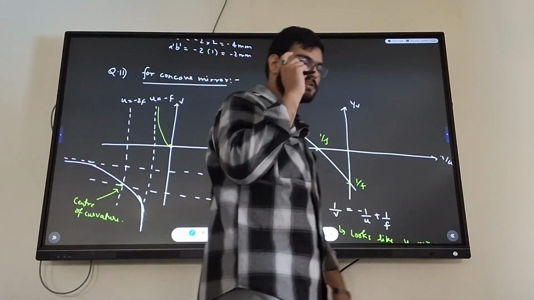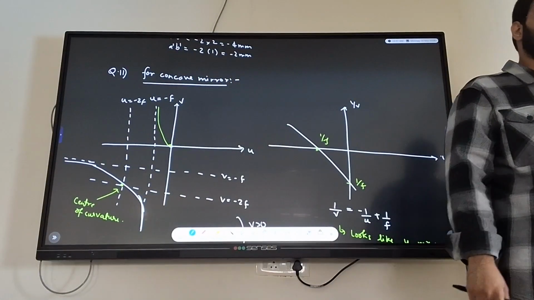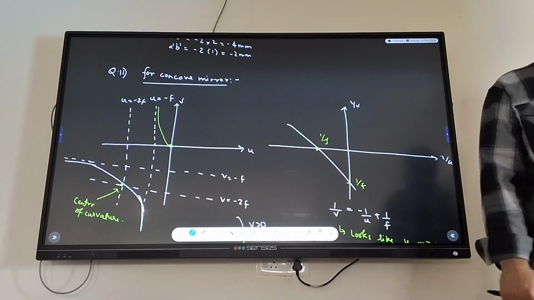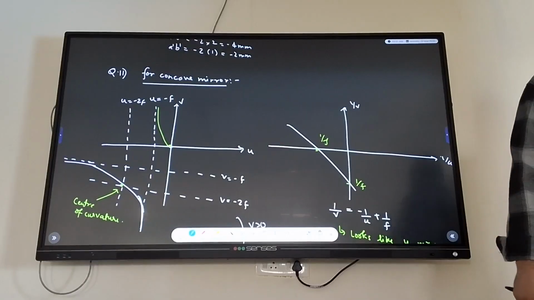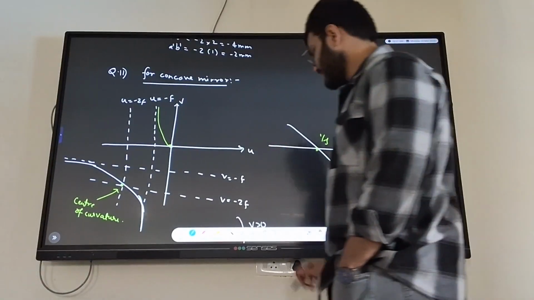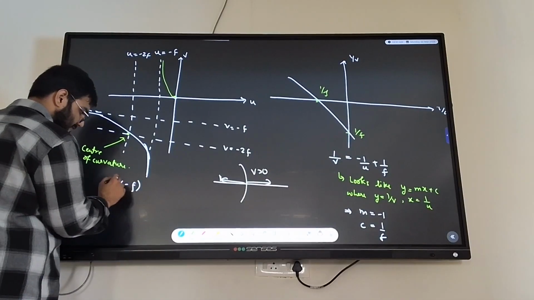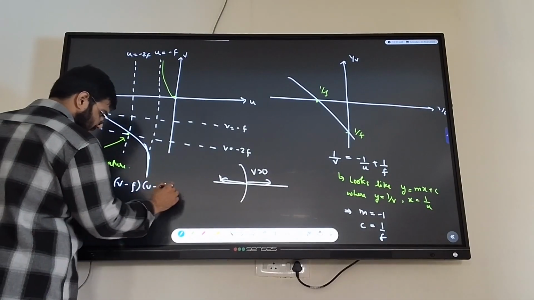It's very simple. You can find it by mirror equation. By little manipulations, you will get it. At the end, you will find some kind of equation like this: (v minus f) into (u minus f) is equal to m squared.